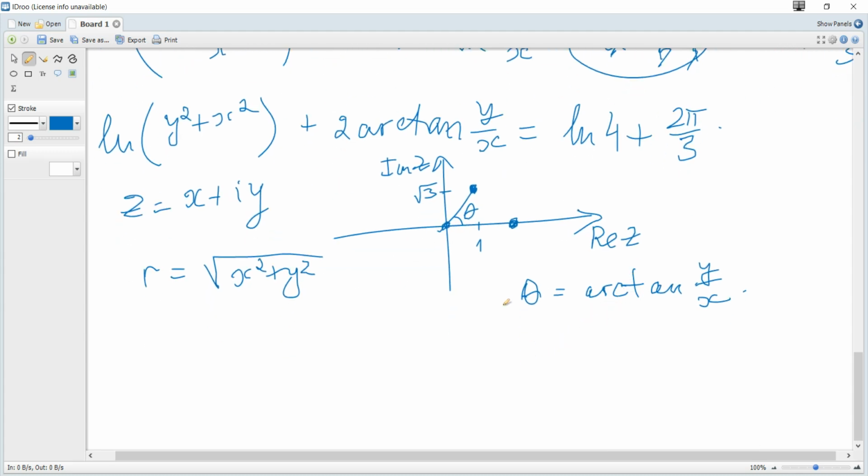It's also true for the fourth quadrant, and there will be arctangent of y over x, but y will be negative, and arctangent of a negative value is minus arctangent of a positive, so it will be correct. But if it's the second or the third quadrant, theta is pi plus arctangent y over x.